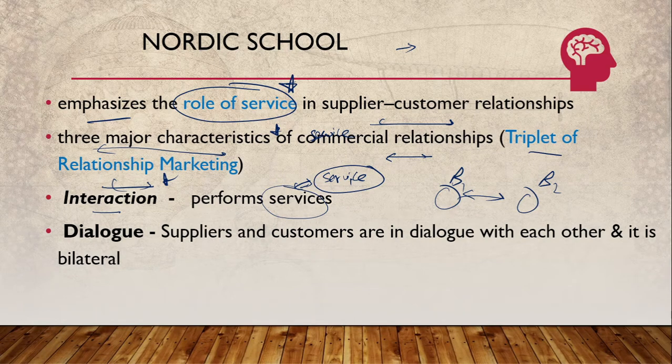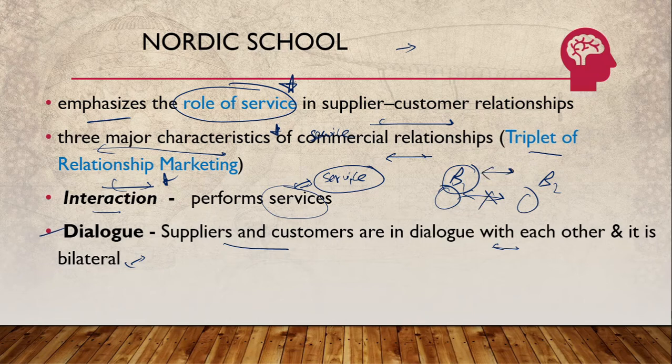And the second is the dialogue. The suppliers and customers are in dialogue with each other, and it is bilateral. Normally what happens is one of the companies dominates over the other. So this Nordic school says you should not see it like that. You should always see it as a service, that you are servicing the other company.